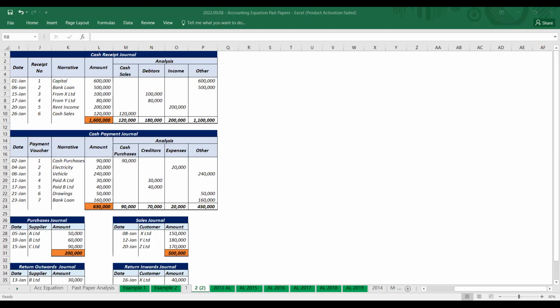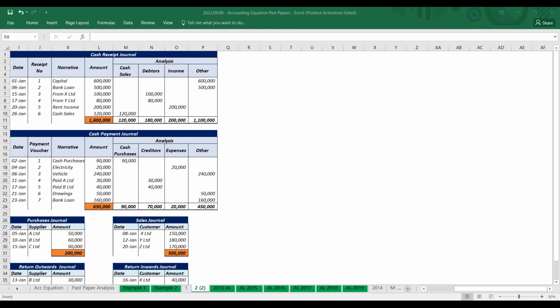First of all, I'm going to draw the general ledger. In the general ledger, we have all the ledger accounts.